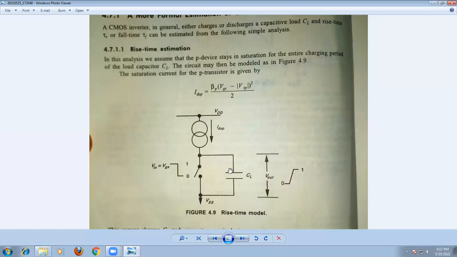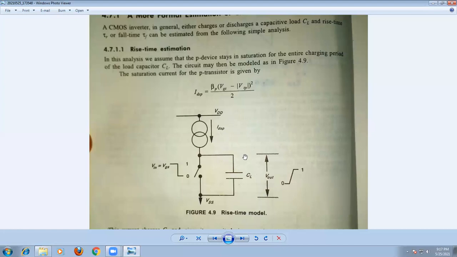How do we estimate the rise time and fall time of the CMOS inverter? First, let us consider the rise time estimation. The rise time is not for the input, but for the output. The output signal rises towards VDD.